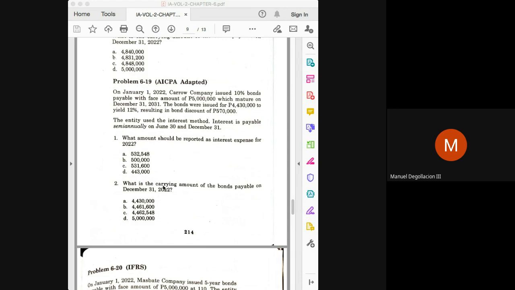Interest is payable semi-annually. Okay, nothing is tricky with this problem, except that unlike the previous problems we have solved, the interest payment now would be semi-annually. And this would just mean that the process would be longer.